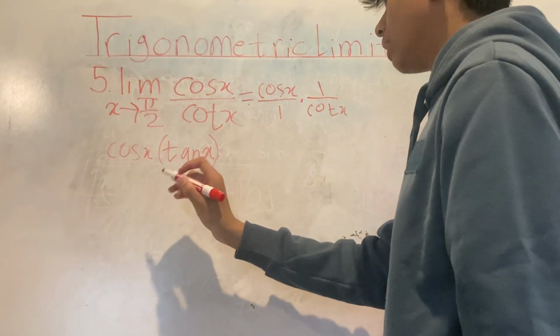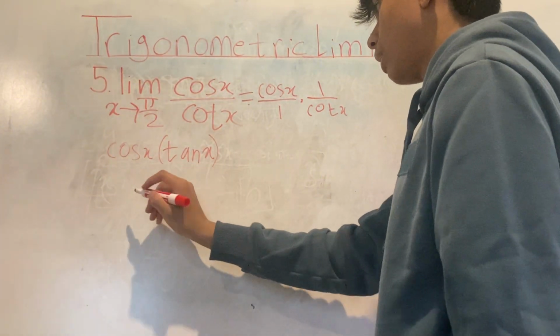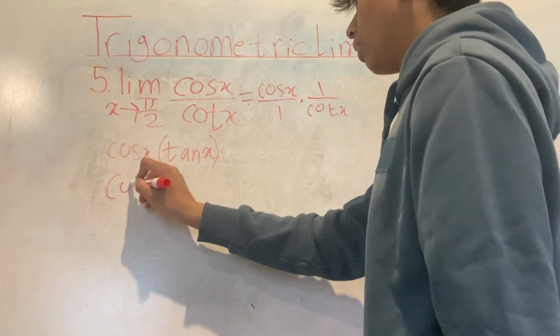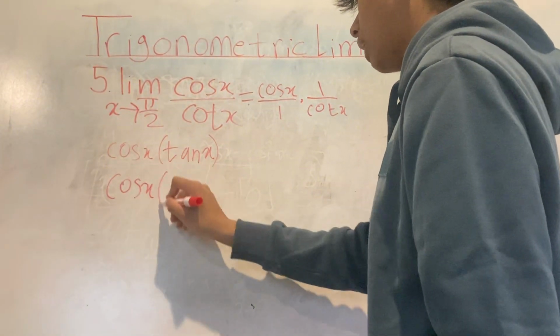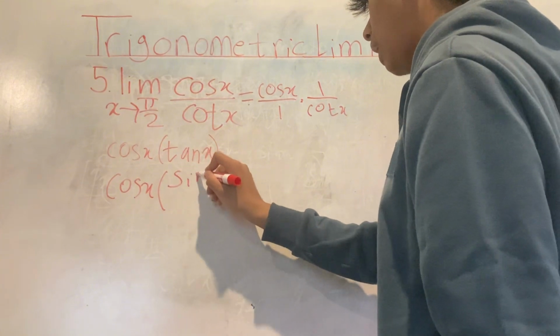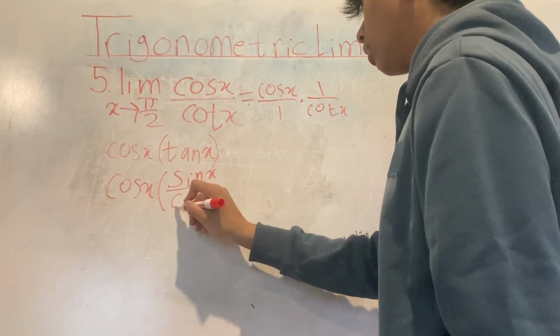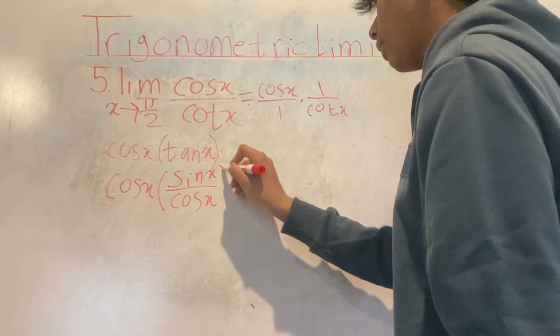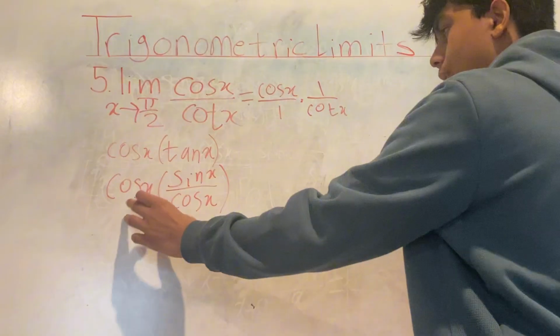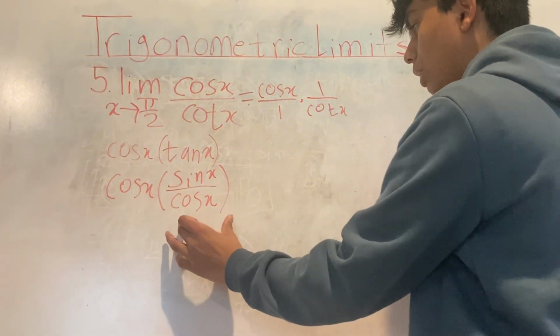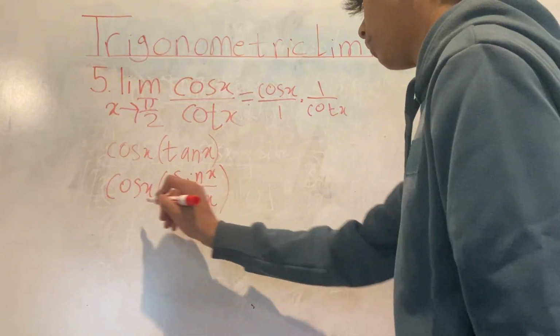And tan x is really sine over cosine. So let's rearrange that again. Cosine x times sine x over cosine x. And now we have cosine x in the numerator, and cosine x in the denominator. So we can just cancel these off.